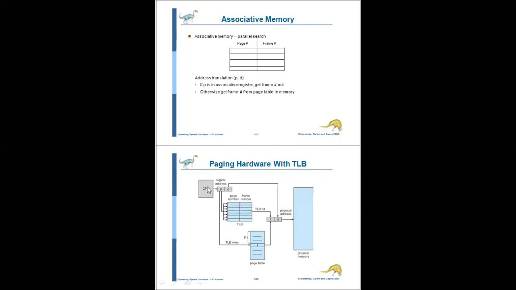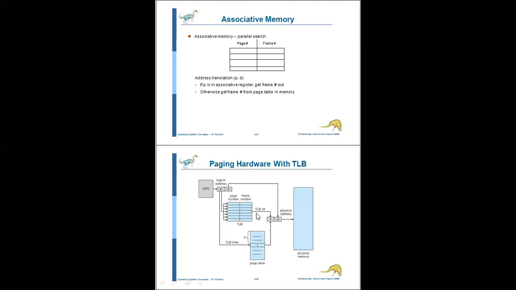Every address is generated by the CPU. Here this is the logical address, and this one is the physical address. The logical address is divided into page number and offset. The physical address is formed from the frame number and offset. The page number is the index into the page table.